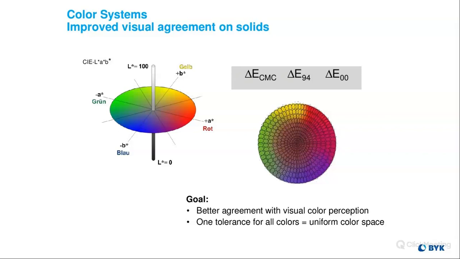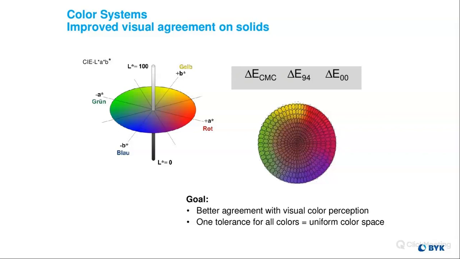It starts at 0 and goes up to 100, and it starts at black. If you think of this whole system as a sphere, all the colors around this area are going to be very dark. As the L value rises, they're going to get lighter and lighter until they're at the top. And once it's at the tippy top, all those colors are white.